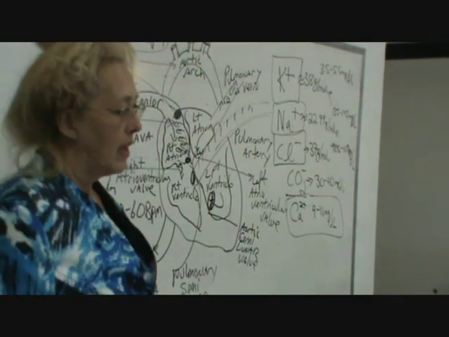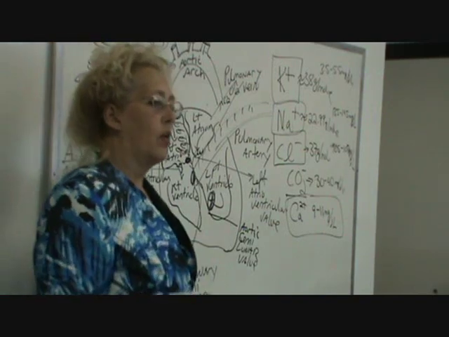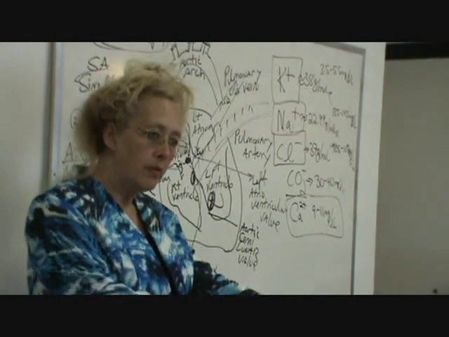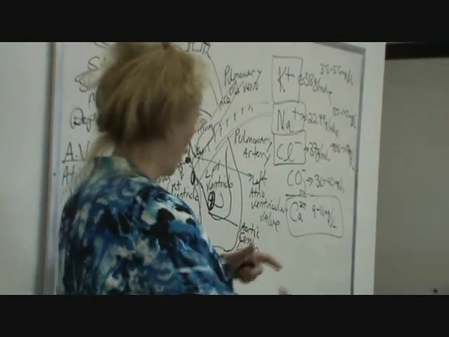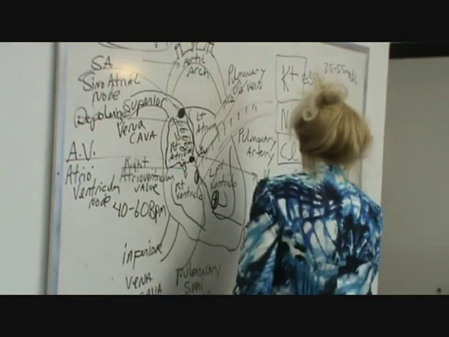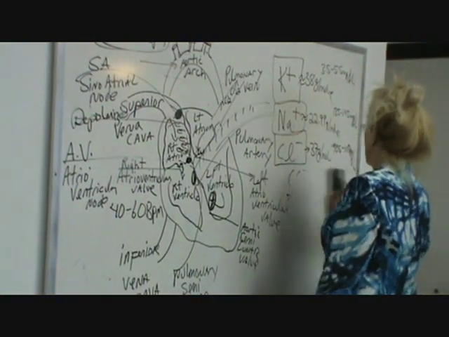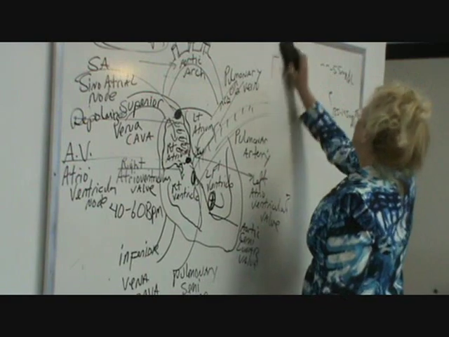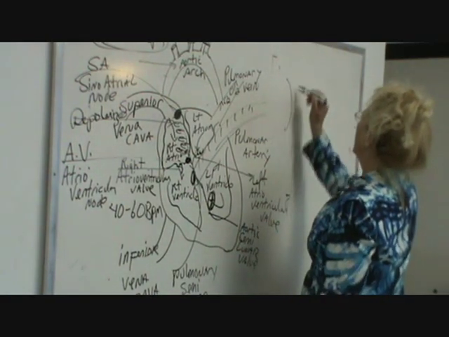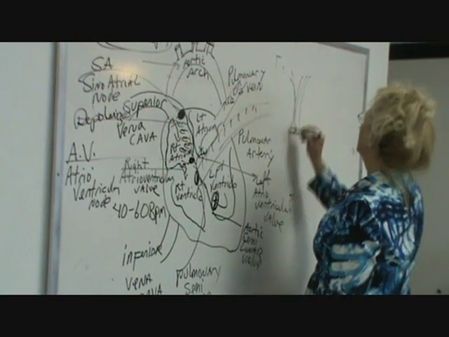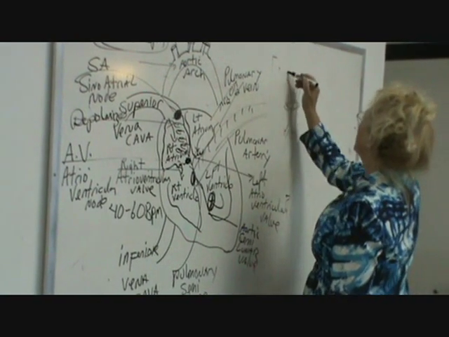From the AV node, we're going to go through the right ventricle now. And there is this structure. It's a very interesting structure, actually. Imagine a bunch of fiber optic cables that look like a bale of hay, or a hay bale.